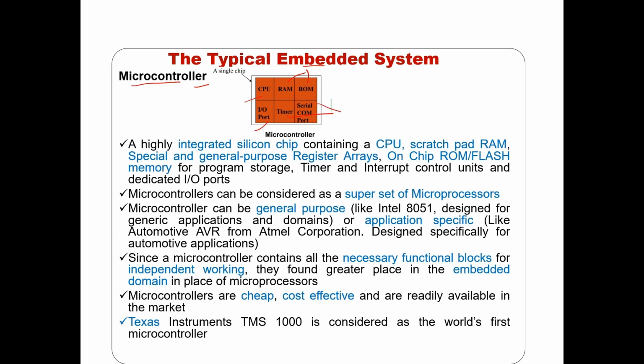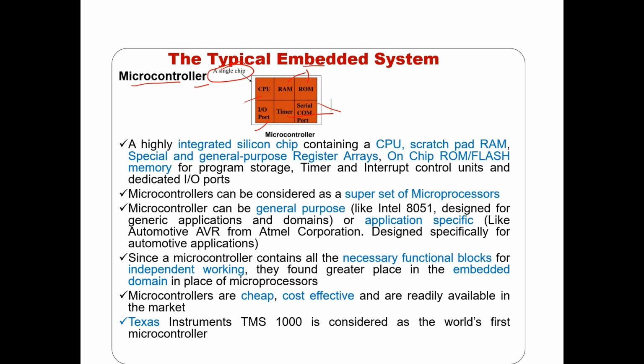All these will be on a single chip. So the single chip will be associated with all the external blocks which we have seen with the embedded system if it is made with a microprocessor.